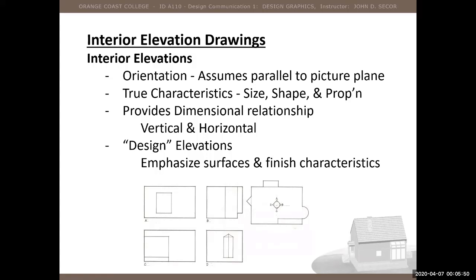What I want you to observe is that there's a little point on each of these four corners. This point is pointing to elevation A, which is from here to here. Elevation B points this way, and it's from here to here. C is here to here, and D is here to here.